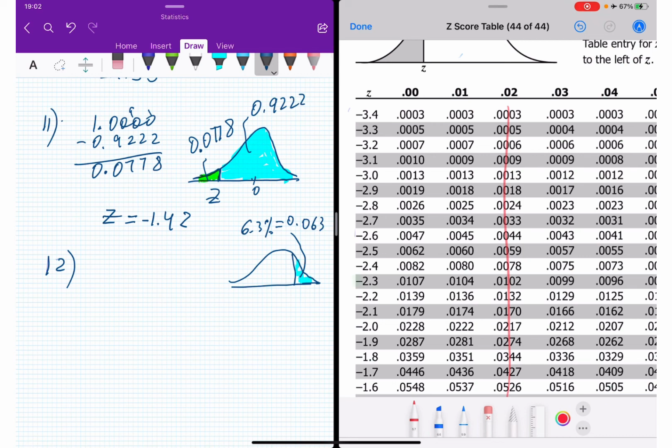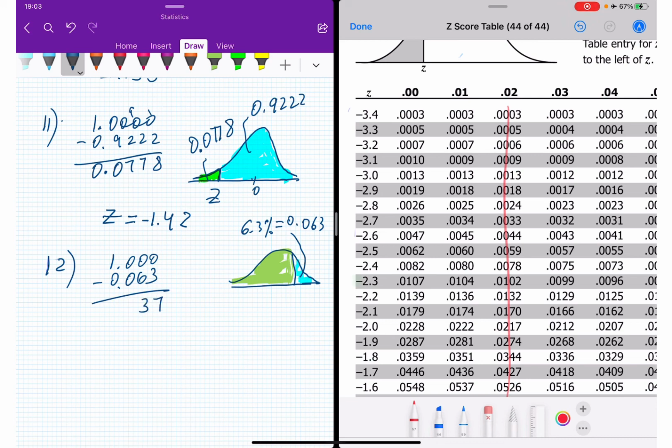So we need to find the area to the left. So that is going to be 1.000 minus 0.063, 0.937.